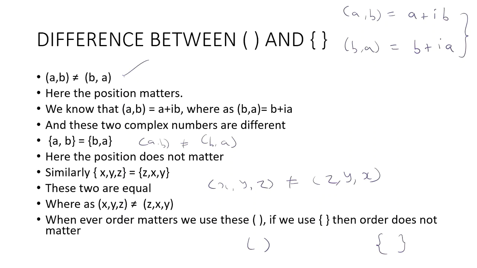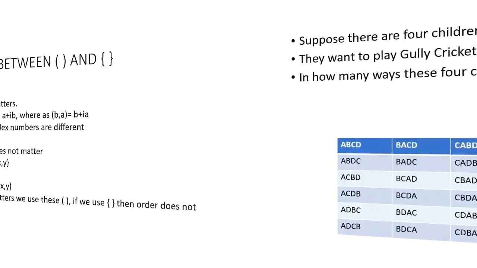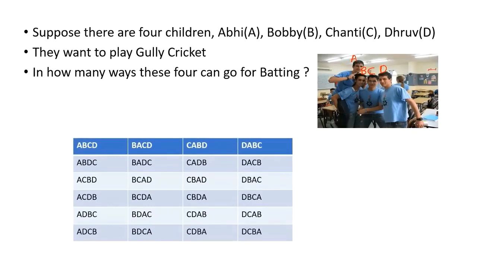So if you understand the difference between ordinary brackets and braces, you can understand the difference between permutations and combinations. Anyway, we haven't defined what is a permutation and what is a combination. For the first few lectures, we are going to deal only with permutations. Before going into the definitions, let us look into one problem each for permutation and combination.